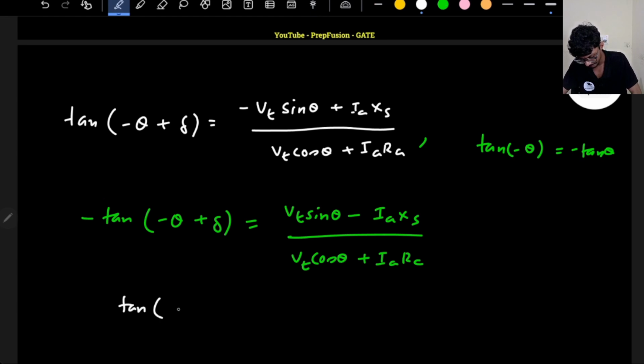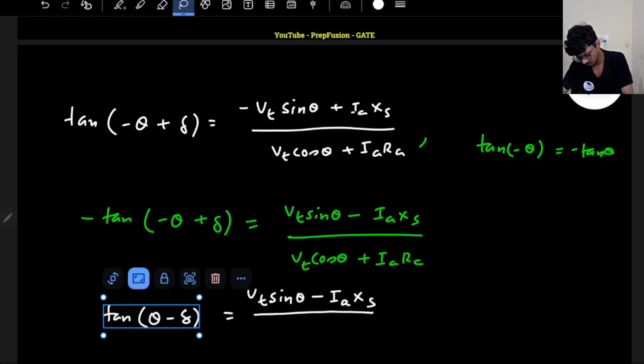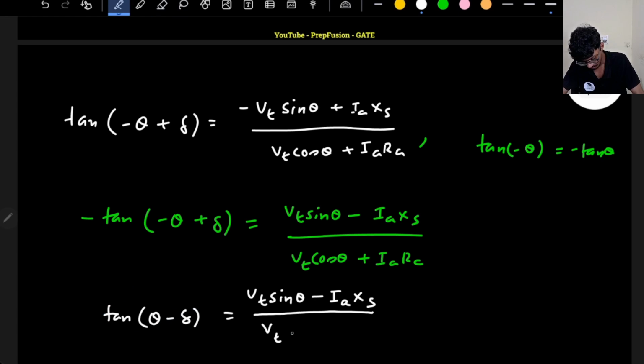So this will be tan of theta minus delta equals Vt sin theta minus Ia Xs divided by Vt cos theta plus Ia Ra.